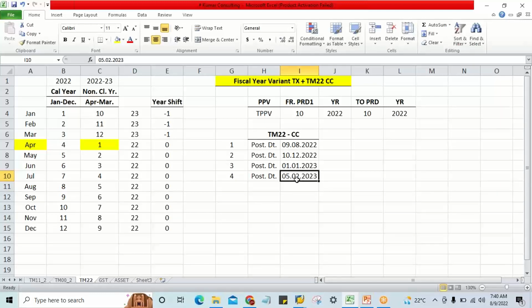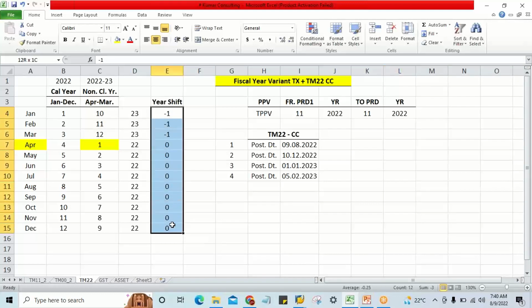So February means what, guys? 11th period is going to be open, and here the year will be 22 itself because we are still in 2022 itself, but here 23. So 23 plus year shift. So 23 minus 1. Once again 23 minus 1, 22 itself, right? So there'll be a huge role of year shift.